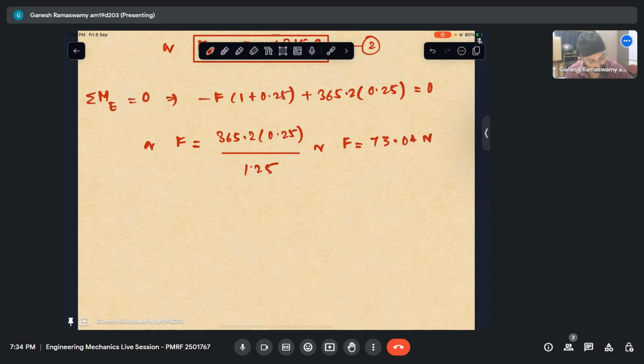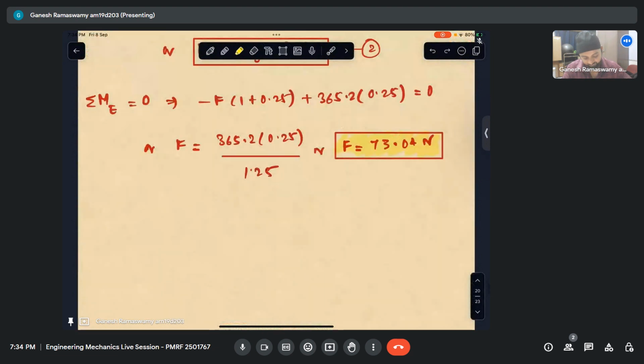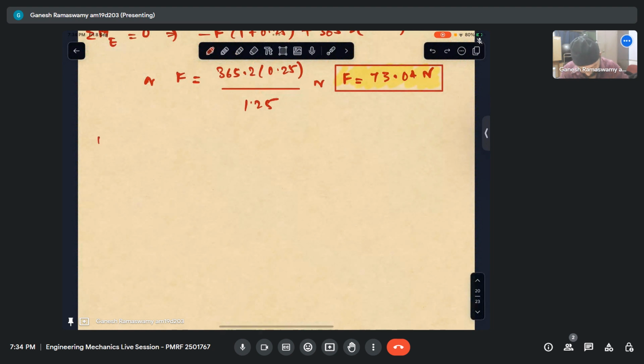So I can see that I have to apply a much lesser load in order for me to bring that disc to a halt, as opposed to if there was no lever, I would be expected to apply T1. But since this lever is there, I'm able to apply a lesser force and still be able to magnify what is getting applied essentially. So my F is my input force.